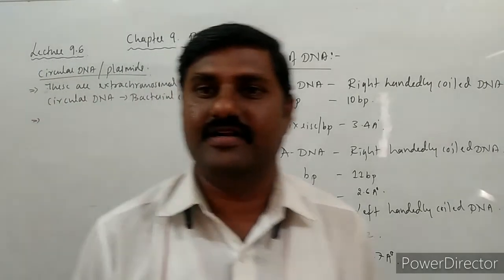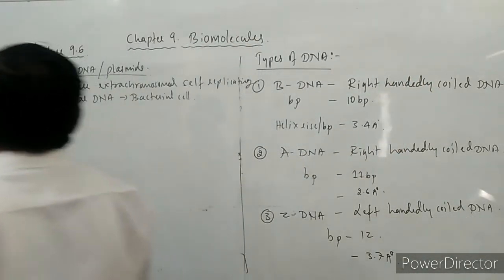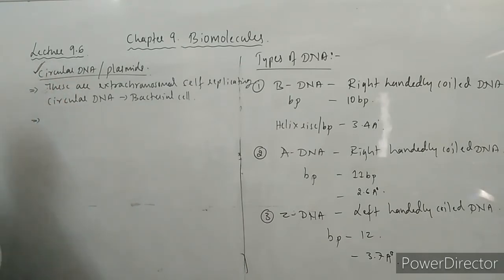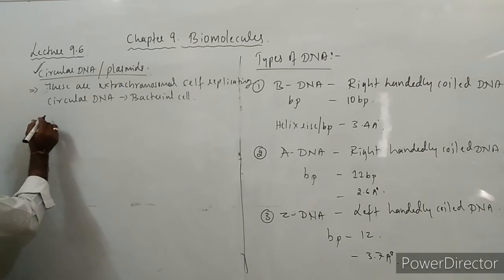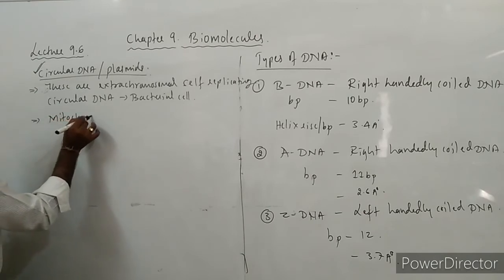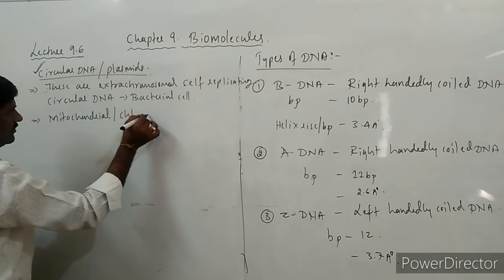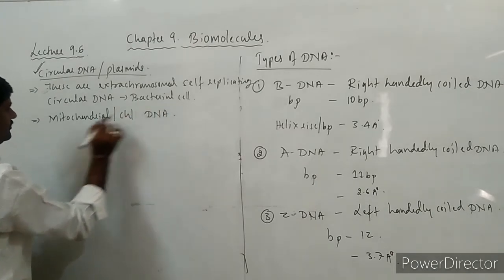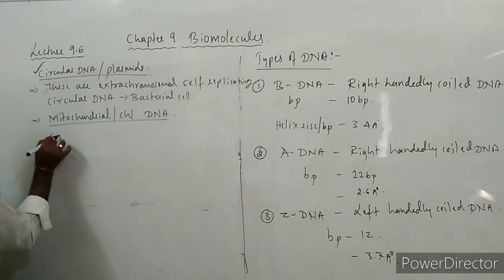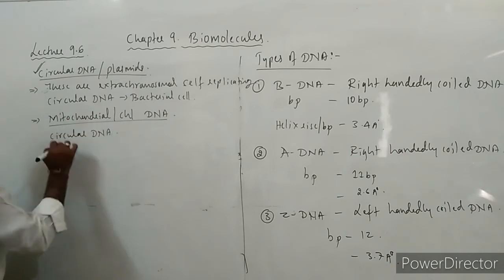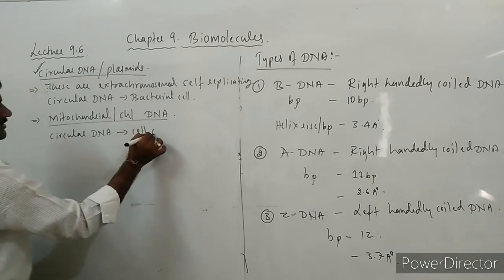They are the circular DNAs, what we call them. One more thing. Next one, after the circular DNA, is mitochondrial as well as chloroplastidial DNAs that we come across. These are also circular DNAs that are present in the cell organelles.